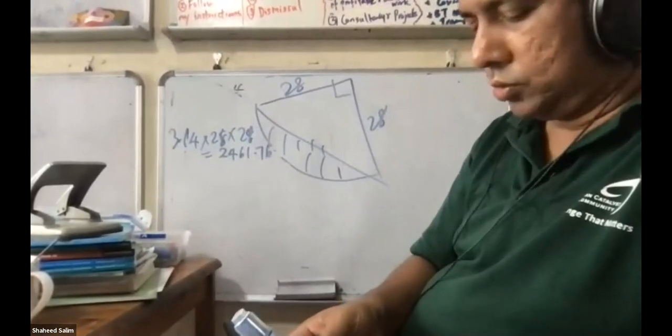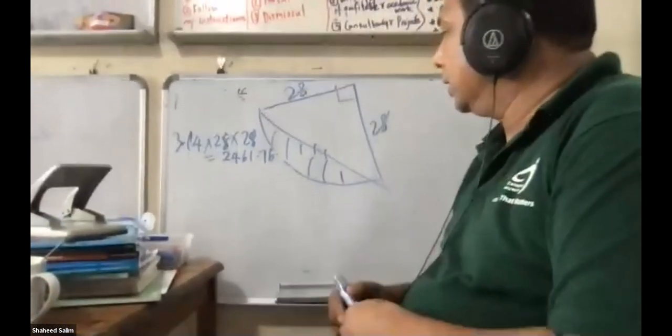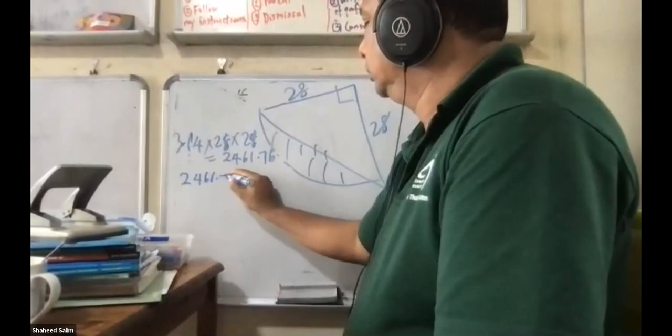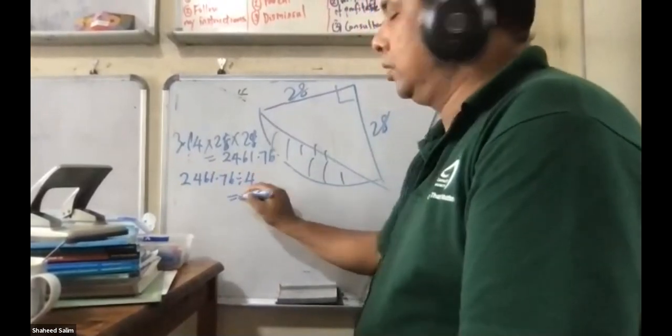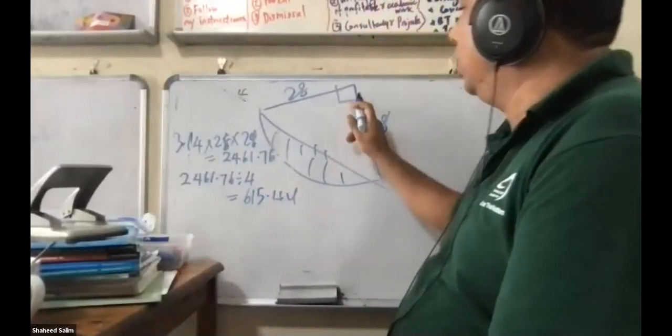You're right. Now divide by 4, how much do you get? 615.44. 615.44 is for the whole thing.